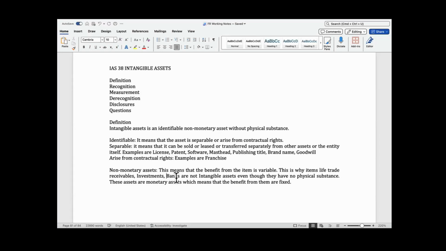But you cannot say those are intangible assets, and the reason is that they are monetary assets. The benefit from them is fixed. Your receivables, you know how much you're expecting from them. Your investments, you know how much you're expecting from them.